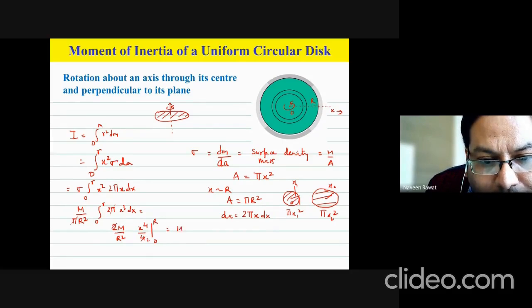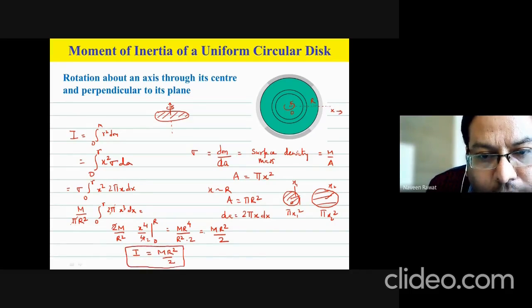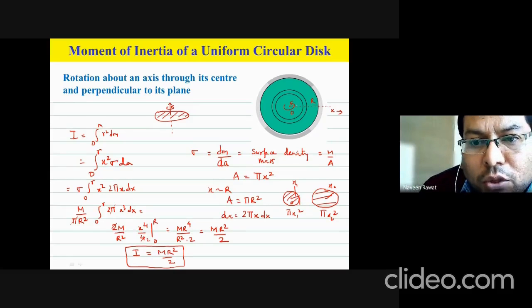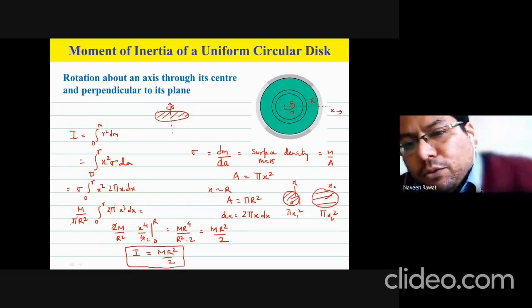So I get m r raised to 4 divided by r square times 2. And again r square, r raised to 4 will get cancelled. So I get m r square by 2. So that is my expression. I is equal to m r square by 2 for my value of moment of inertia of a uniform disk that is rotating about an axis through its center and perpendicular to the plane.